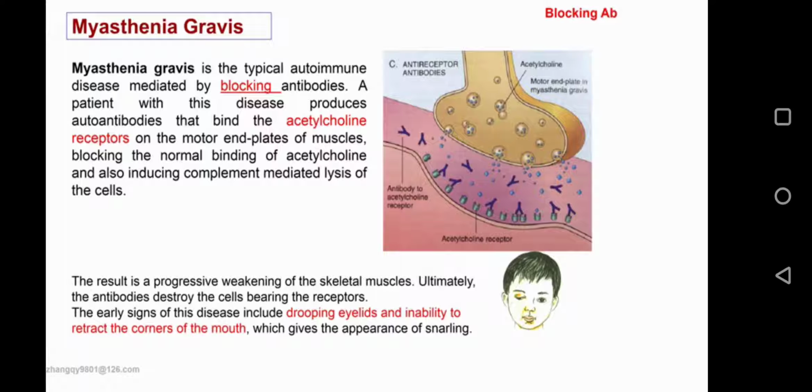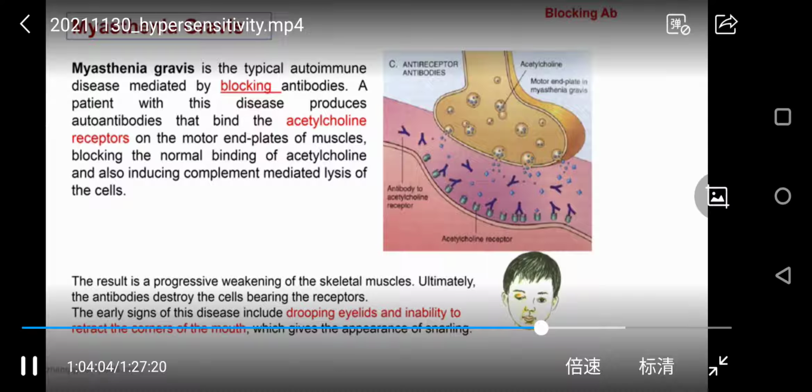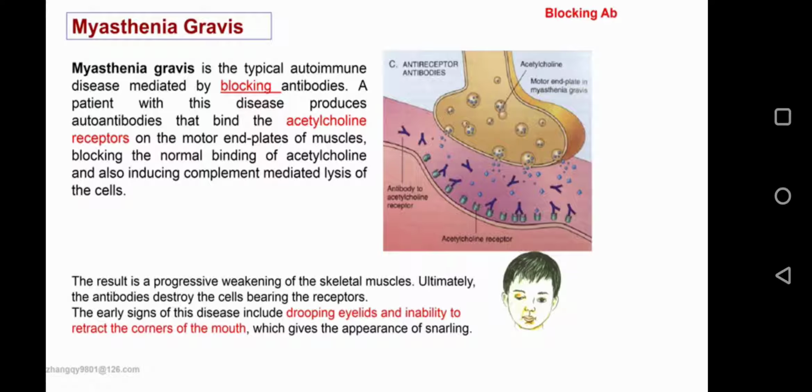Alright, another disease. This is also an autoantibody, but this antibody is not stimulating. This antibody is a blocking antibody. This is myasthenia gravis. They have an antibody, and this antibody binds to what receptor? This receptor is the acetylcholine receptor. For a normal individual, this receptor is very important to recognize the ligand released by the nerve, right?